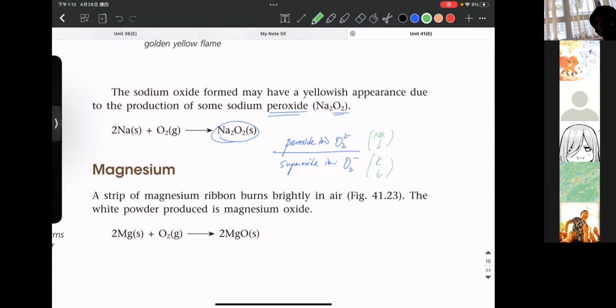Peroxide and superoxide are relatively less stable, so the electrons will become more diffuse. For example, this peroxide, while the superoxide will have this structure. So those electrons, this is because of the difference in charge. So it will make you more diffuse when you compare with normal oxide.